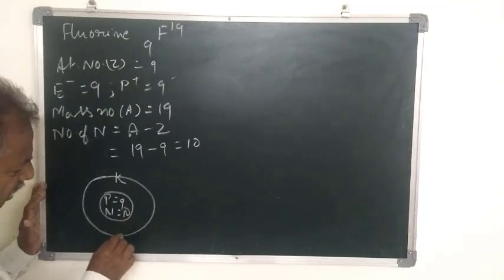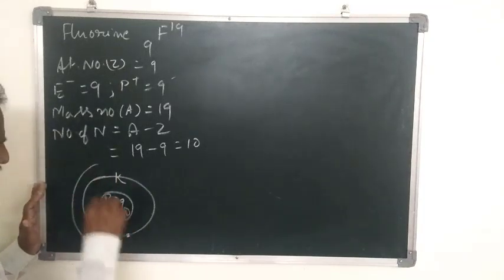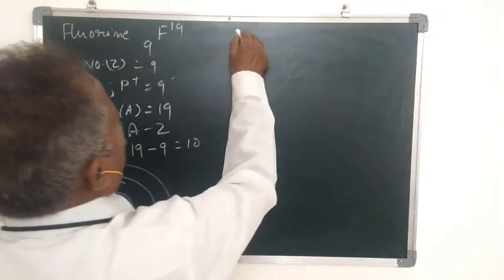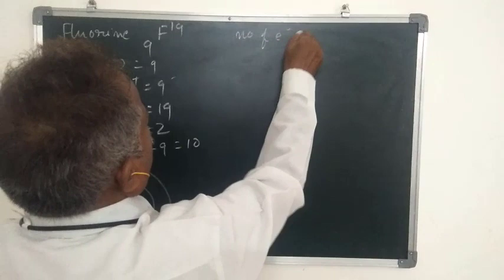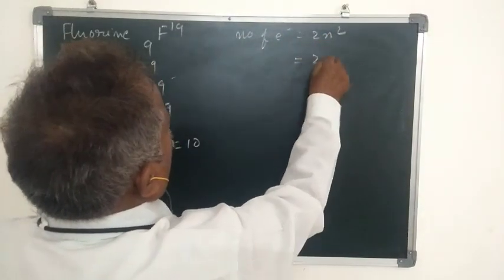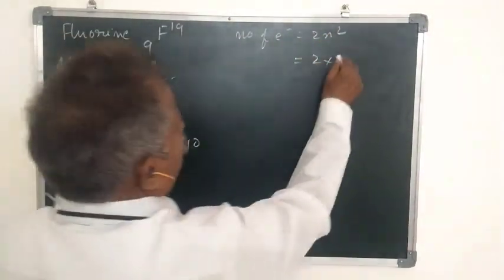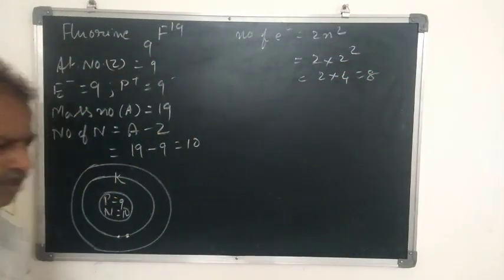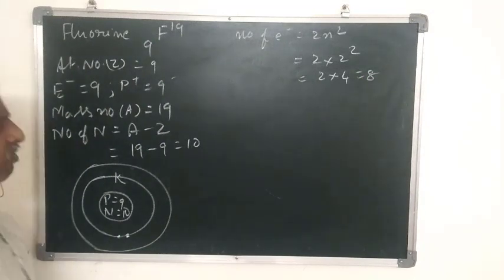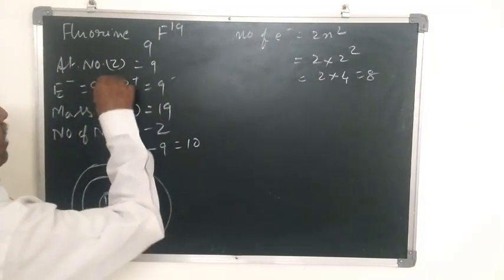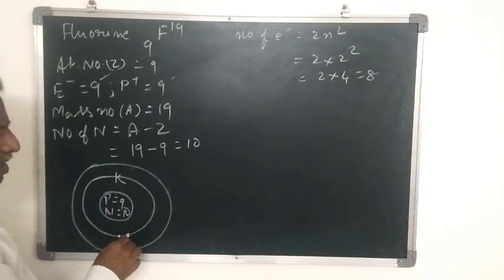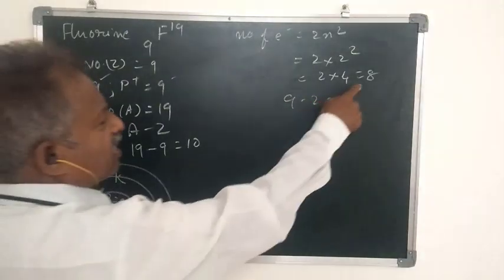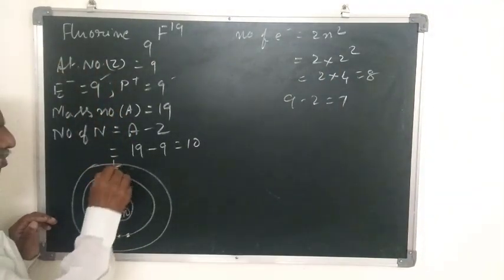First shell K, only 2 electrons. Second shell L, how many electrons can be accommodated? Maximum number of electrons equals 2n squared, 2 into n value 2, so 2 into 4 equals 8 electrons. But there are 9 electrons. Out of 9, already 2 are there. Still 9 minus 2, 7 electrons are left. 7 is less than 8, so these 7 electrons enter into the second shell.